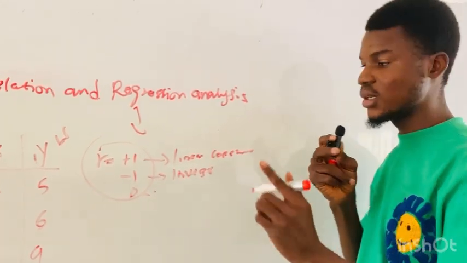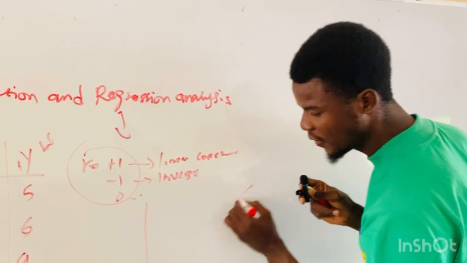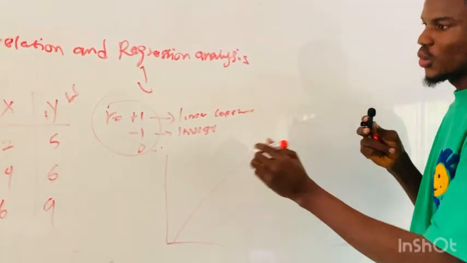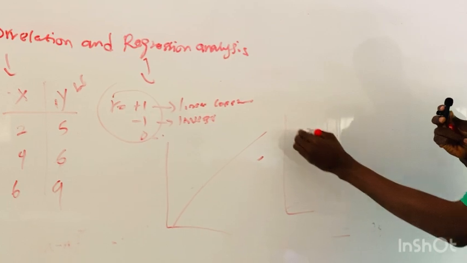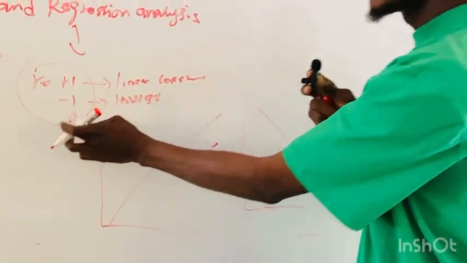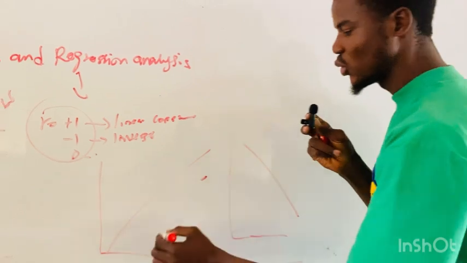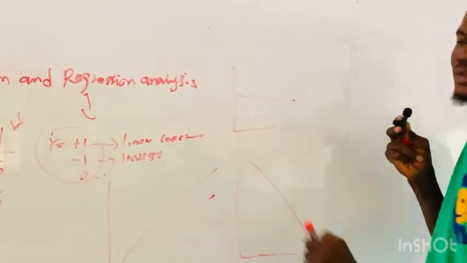If you want to draw it, the scatter diagram is going to look like this. For a linear correlation, we will have a straight line like this. If you have an inverse correlation, it's going to be like this, the opposite way. And if you have 0, it means there's no correlation between them, and the scatter diagram is going to look like this, as we can see.